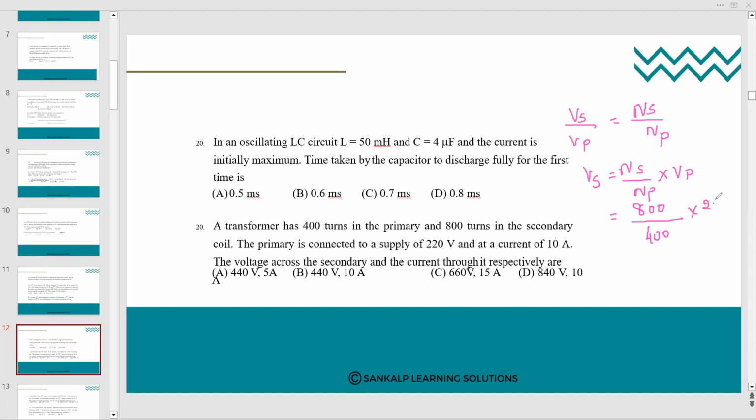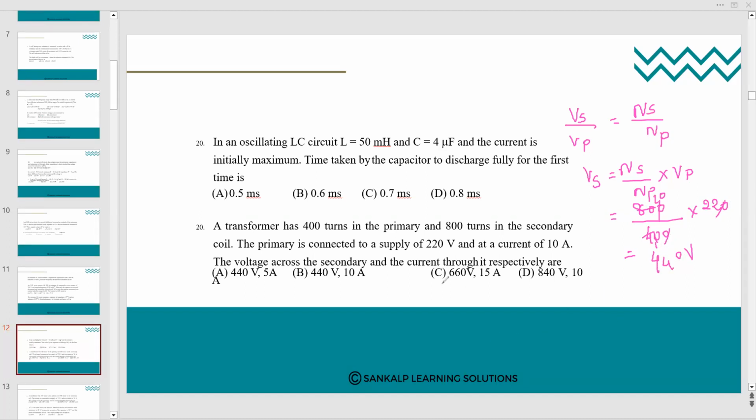The Vp value is 220. Here the 0 will get cancelled, and here also this 0 will get cancelled. 4 ones are 4, 4 twos are 8, so 22 into 2 is 44, that is 440 volt. So this is Vs, the voltage in the secondary coil.